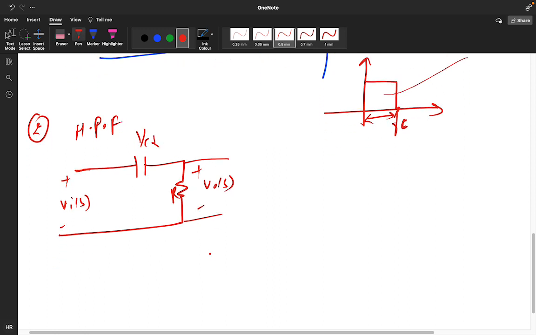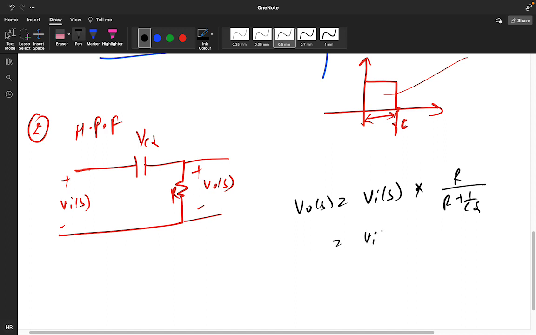So what will be the V naught of S? V naught of S will be Vi of S into R divided by R plus 1 by Cs. So Vi of S into RCS divided by RCS plus 1.